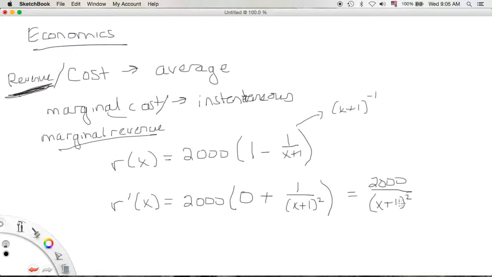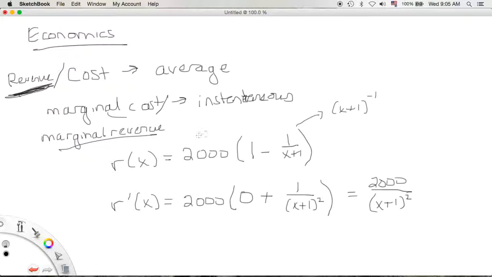This is our marginal revenue. So what this tells us is the average revenue for a certain number of things sold. Say you sell 5 things, then the average revenue for that you would plug in 5. If you want to know what the marginal revenue is, or the revenue for that 5th one when you're going up, you'd plug in 5 here.